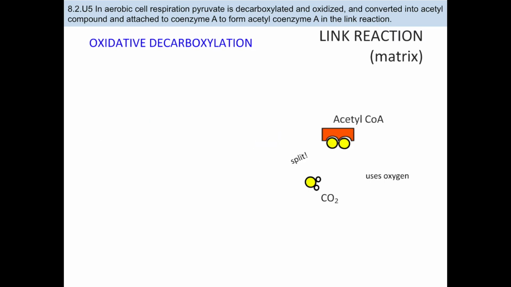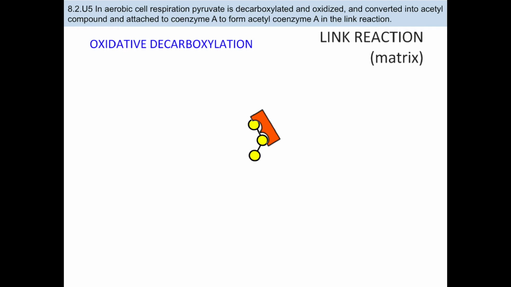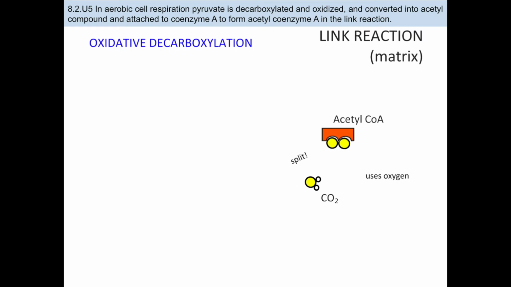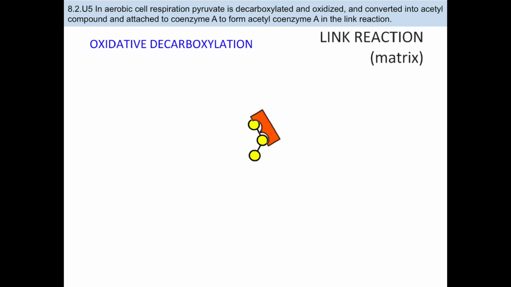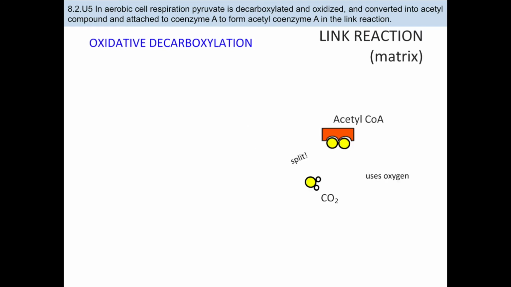The enzyme catalyzes the decarboxylation, removes the carbon, right? So carbon is removed. There's oxygen in your cell, so it forms carbon dioxide.